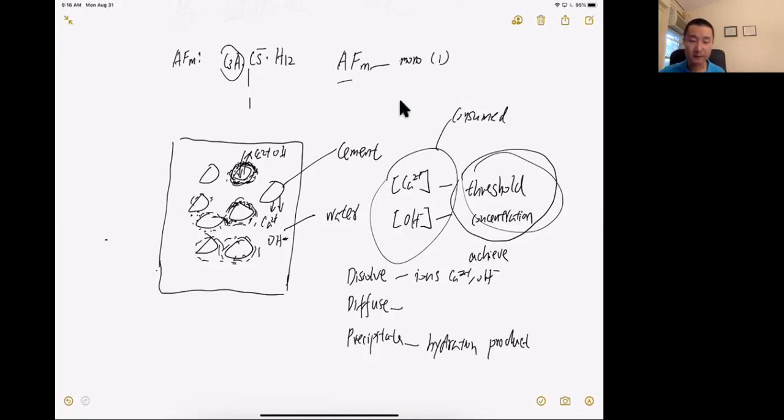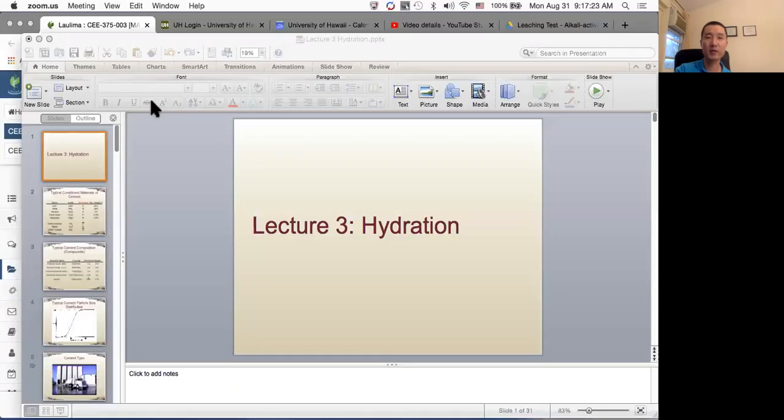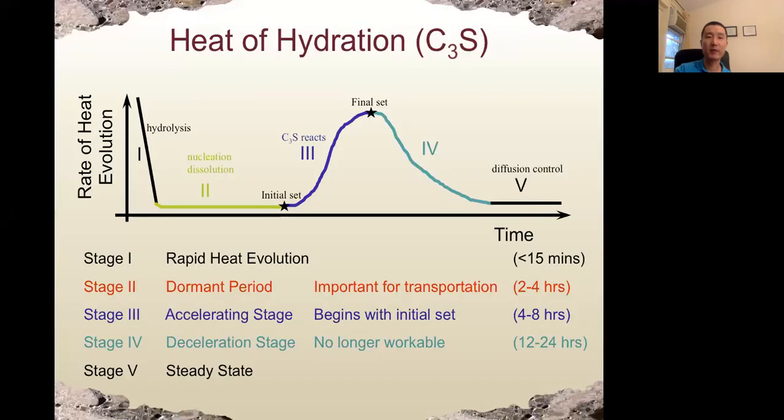Okay, and that's why stage 4 and stage 5 are diffusion controlled, depending on how fast the water can dissolve the ions from cement, and the ions diffuse through the layers of hydration product and get into the solution to produce more hydration product. Okay, so as you can see, the hydration process is very complicated.